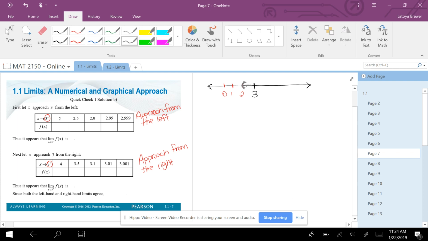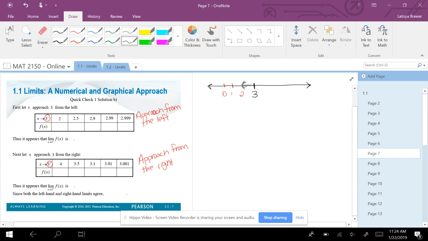So what they chose is they started at 2. They gave me a nice whole number, and they divided that by 2, which gave me the 2.5, okay, the distance there. And then they chose the 2.9, which is closer to 3, and then 2.99 and 2.999.